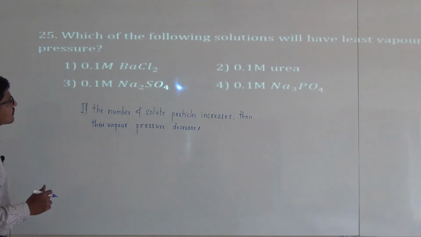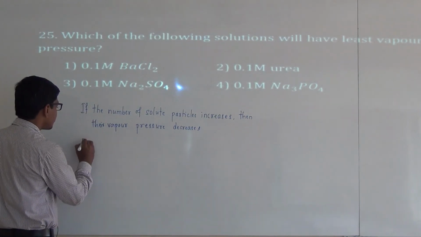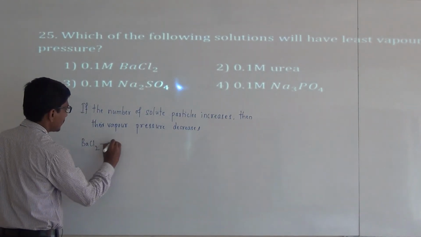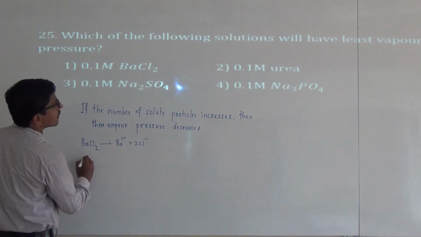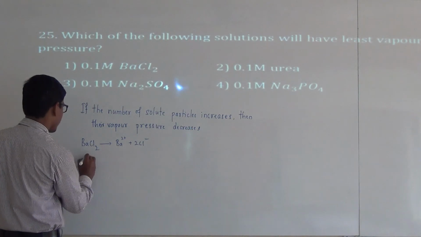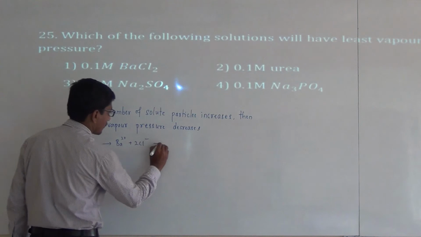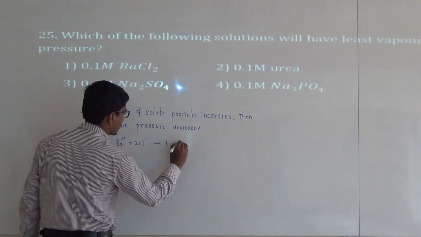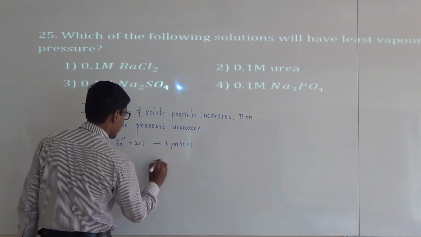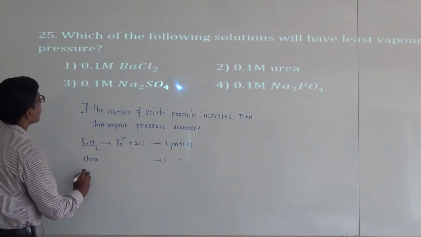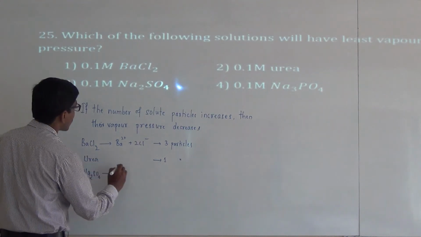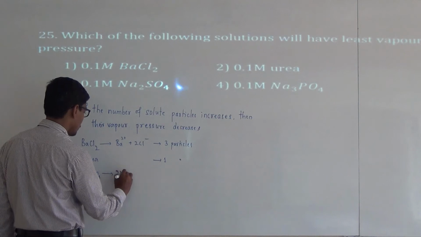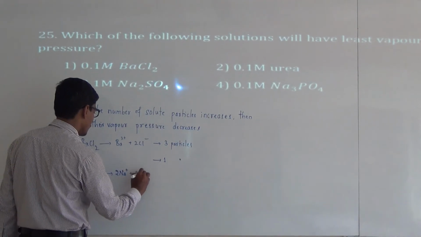In these options, the concentrations are the same. In the first option, BaCl2 dissociates into Ba2+ plus 2Cl-, so 3 particles. Urea gives 1 particle. The third option, Na2SO4, with the same concentration, dissociates into 2 Na+ plus SO4 2-.